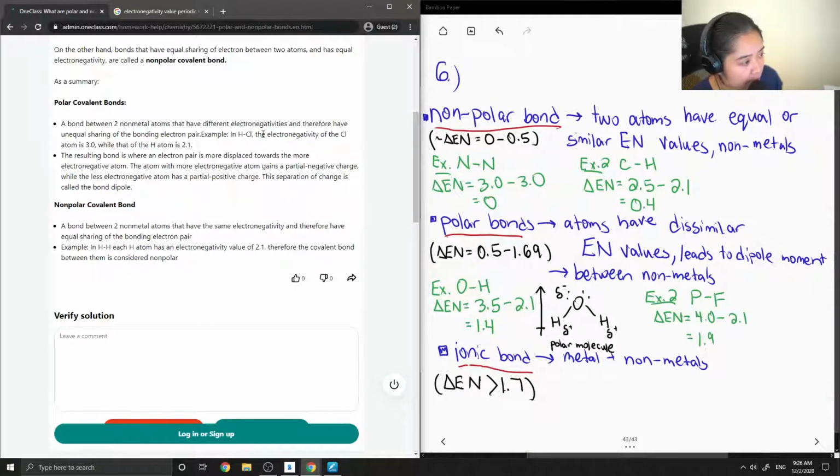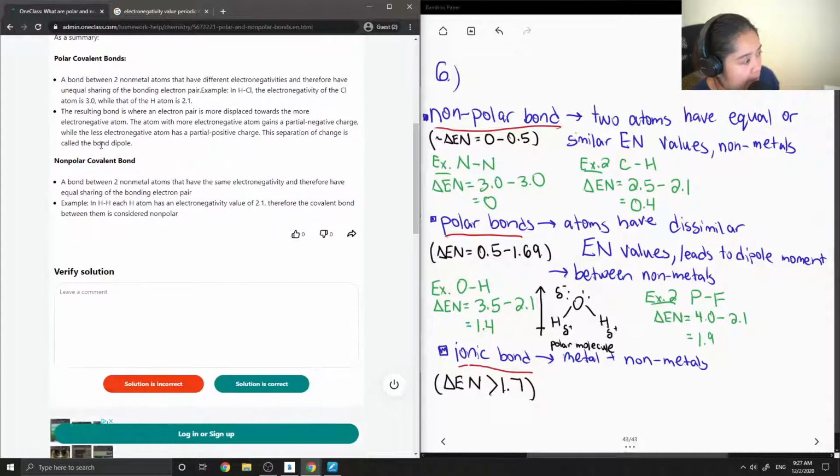For example, the hydrogen and chlorine bond, electronegativity of chlorine is 3, while that of hydrogen is 2.1. The resulting bond is where an electron pair is more displaced towards the more electronegative atom. The atom with more electronegativity gains a partial negative charge, while the less electronegative atom has a partially positive charge. This separation of charge is called the bond dipole.